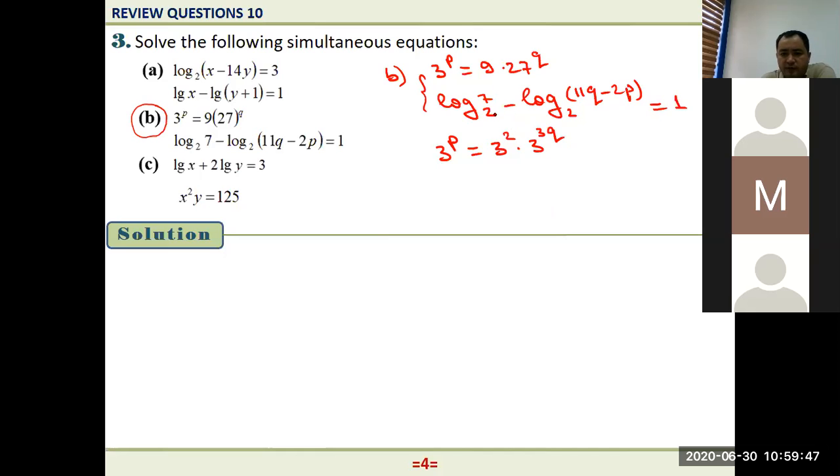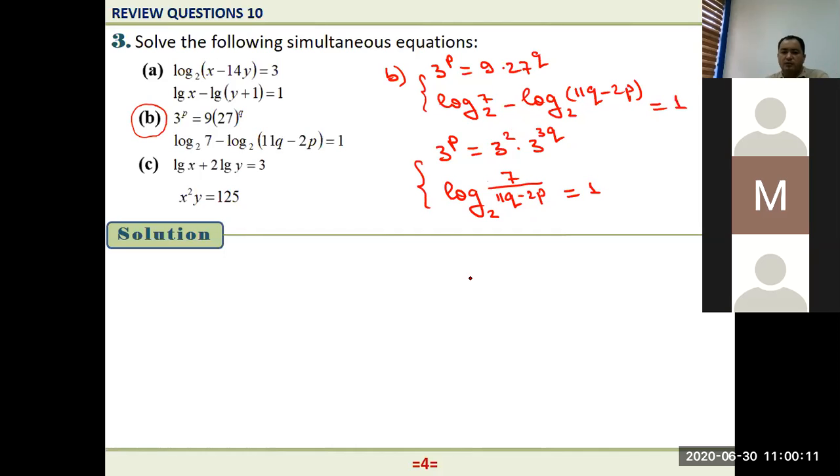The second one, bases are the same, but here it is subtracted, so we need to divide. Here we have a logarithm of 7 divided by 11Q minus 2P, and the base is 2. On the right hand side, we have 1.